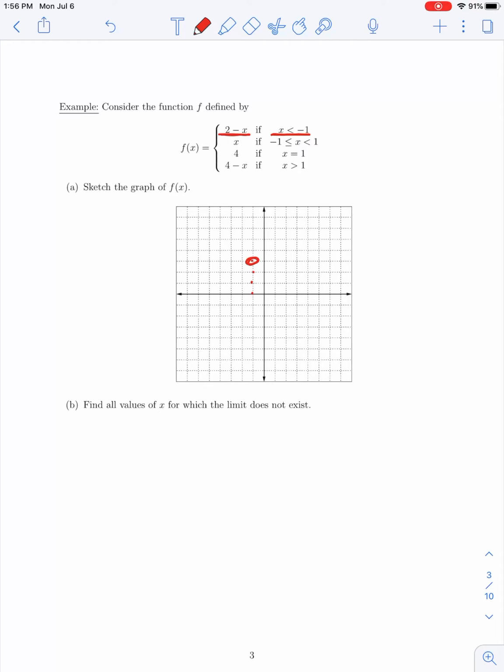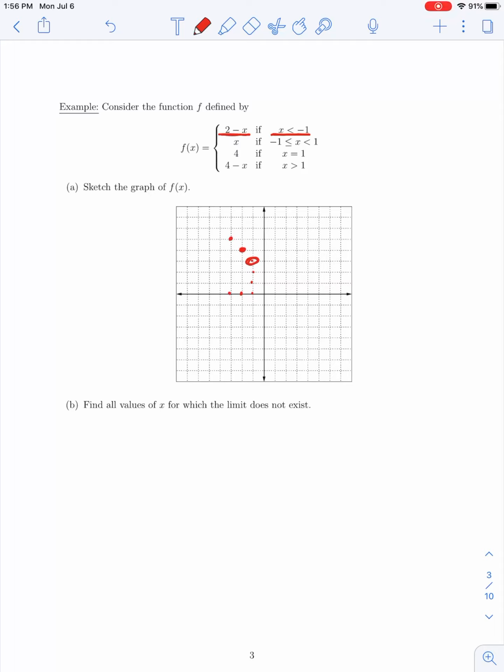So to the left of x equals -1, our graph is the graph of 2 minus x, which is a line with slope -1. So if I want to see what my graph looks like, we could choose another x value, say -2, and we find that the value of the function would be 4. If we chose x as -3, the value of our function would be 5.